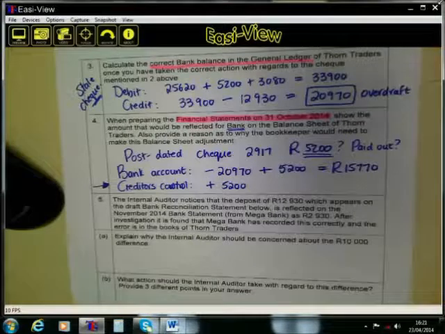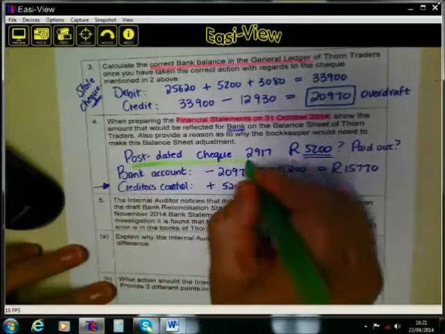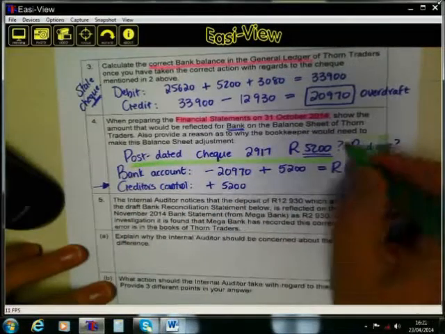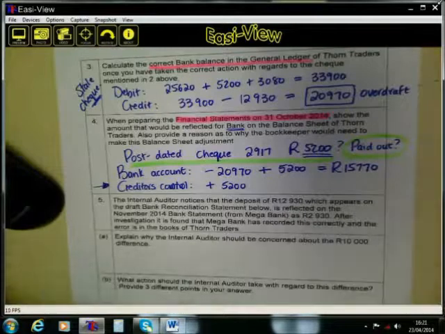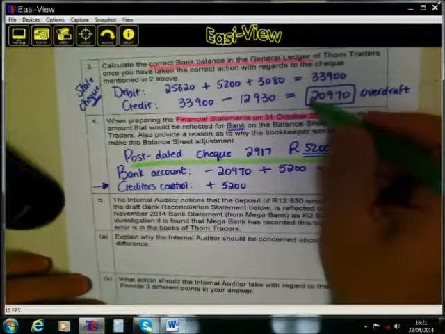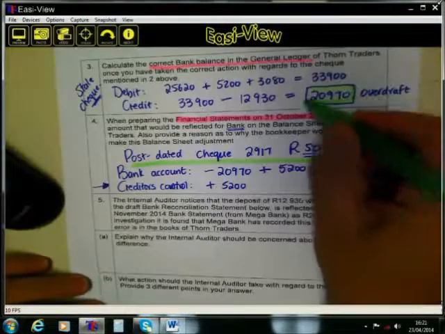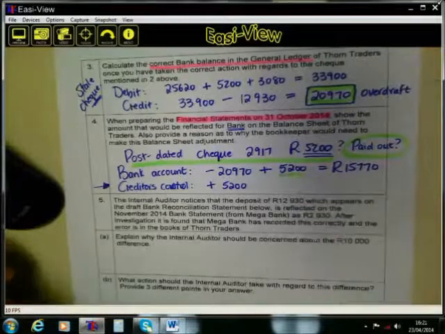Okay, please understand and listen. There's a post-dated check on the bank reconciliation statement for 5,200 Rand, and the question is, did we already pay out that amount? No. So that means that this bank overdraft that you saw there is smaller because of the 5,200 Rand that's not paid out yet.